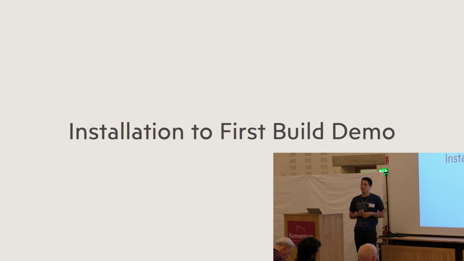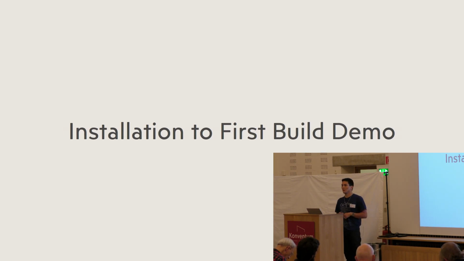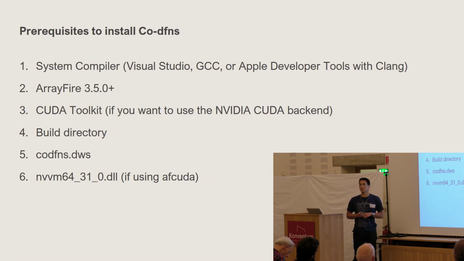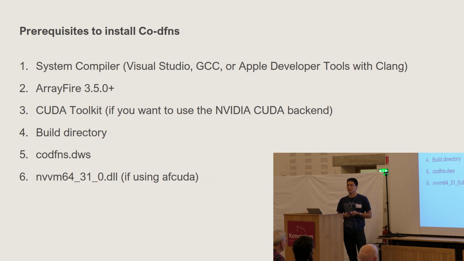So basically, we're going to be doing a lot of hands-on demos here. One of the biggest things we've been working on this year with the compiler from last year was trying to make it much, much easier to install. So the basic idea behind installing Co-dfns now, as it stands, is you're going to need a system compiler: Visual Studio on Windows, GCC on Linux, your Apple developer tools with Clang on Mac.